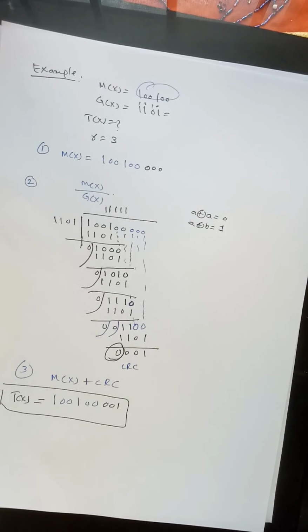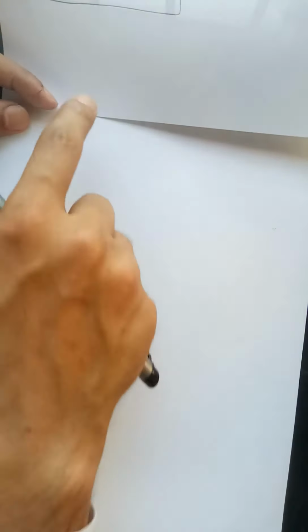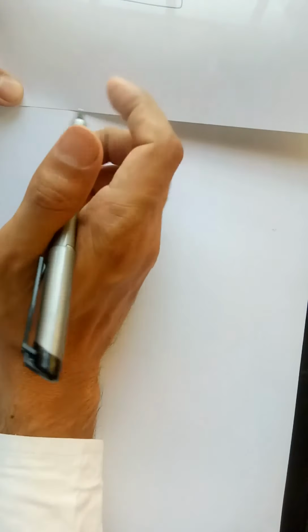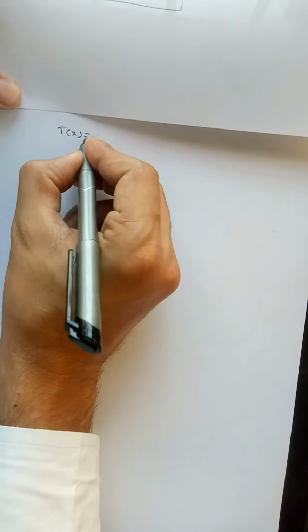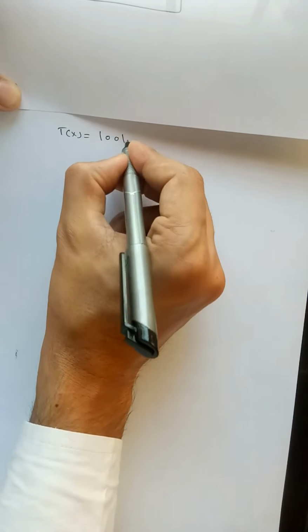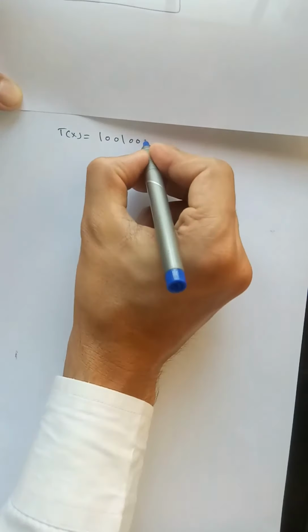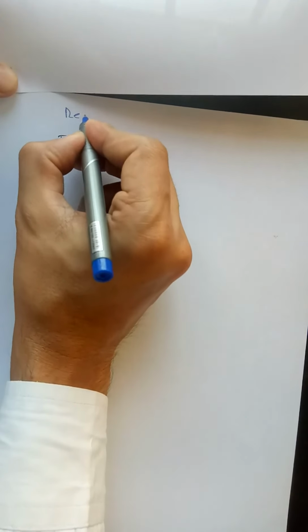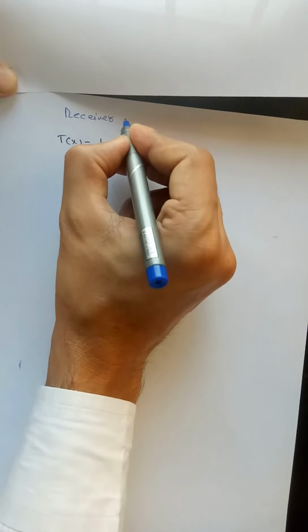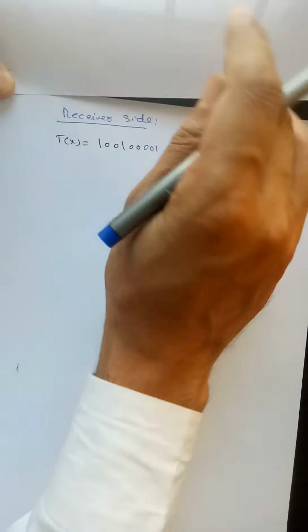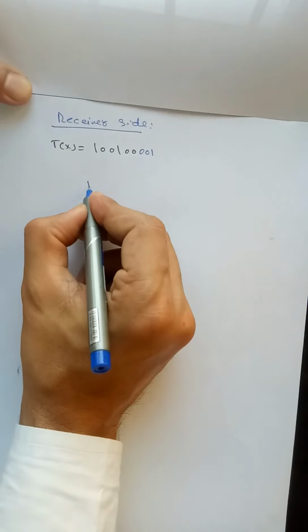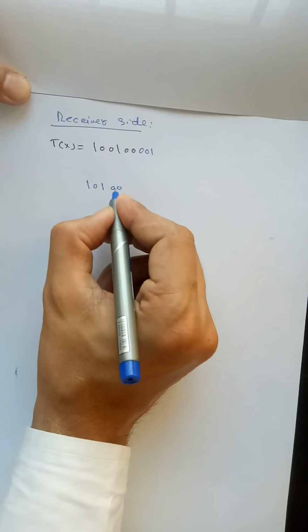However, at the receiver side, how will the receiver analyze whether there is no error or there is some error? The receiver will receive T of X in the form of 1 0 0 1 0 0 0 0 1. These are the steps involved at the receiver side for error detection.